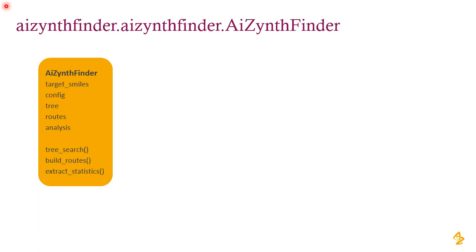It has a reference to a search tree structure and also a reference to a route collection and an analysis class. And then it has mainly three methods. It has a tree search method, which you call to perform the retrosynthesis analysis. And afterwards, you call build routes to extract the synthetic routes from the search tree. And then you have extract statistics to get some statistics from the search tree, the number of nodes, timings, etc.